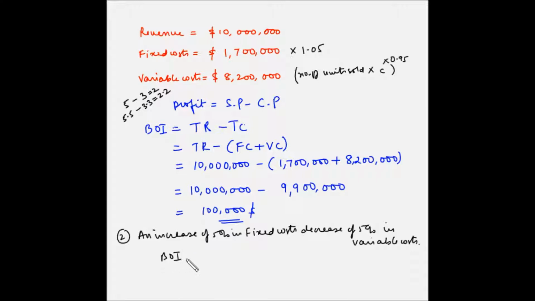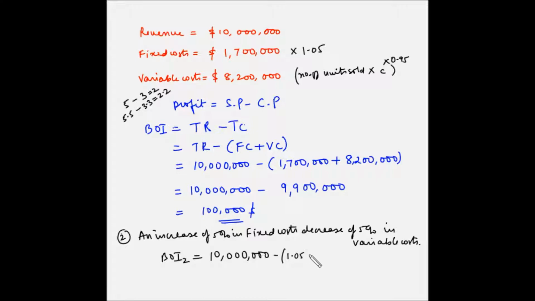So let's put this as BOI 2, and this is equal to, now the formula remains the same, total revenue minus the total cost. Now here the revenue is not changing, so revenue is the same. So $10 million minus the total cost, which is an addition of fixed cost and variable cost. Now here the fixed cost is going to be multiplied by 1.05.